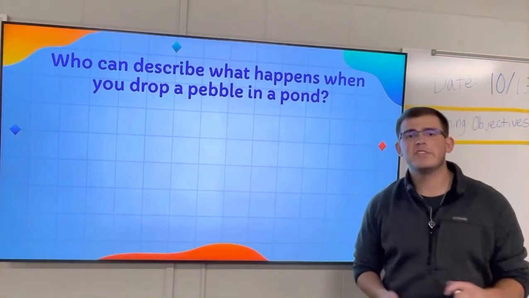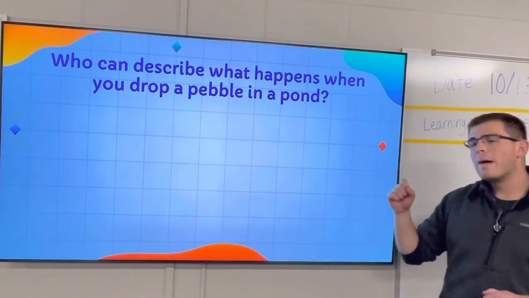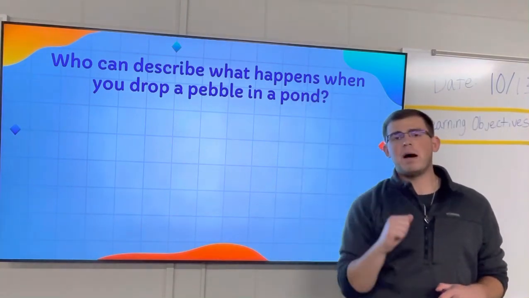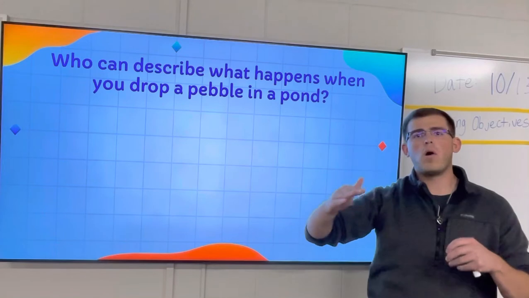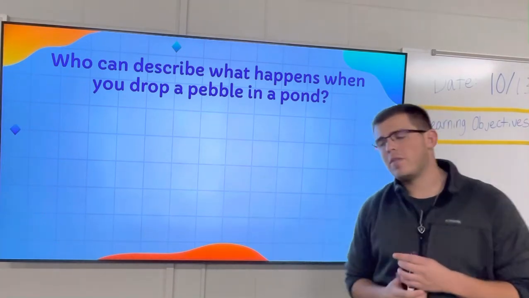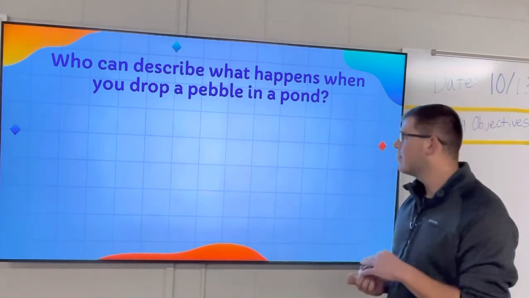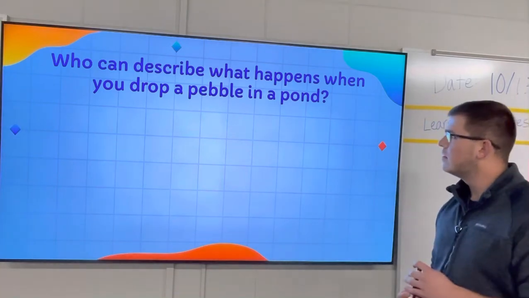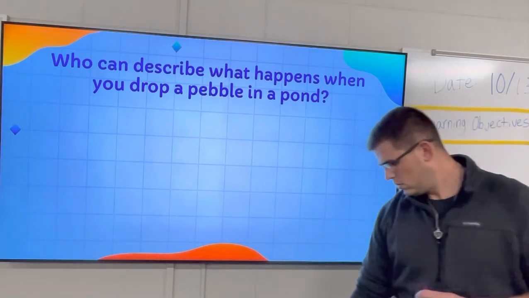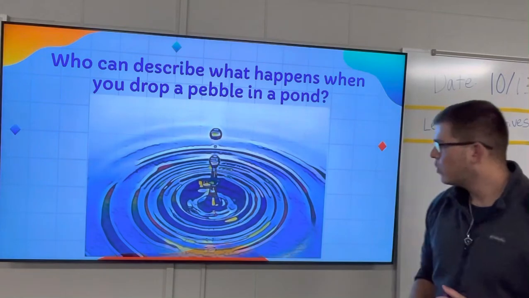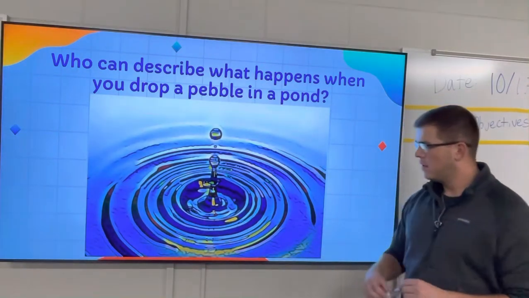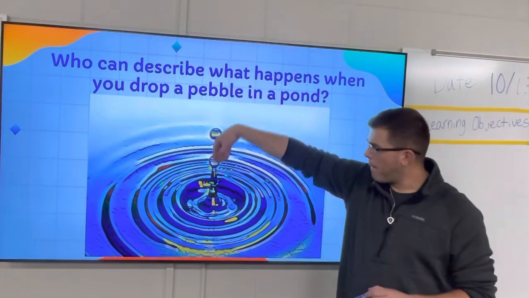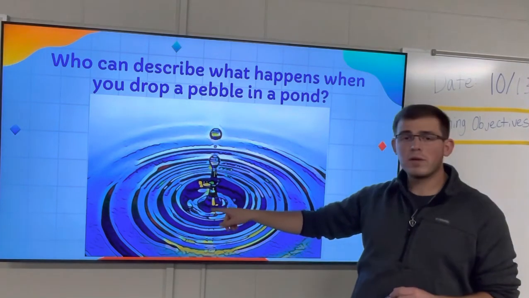So I want you to think to yourself, what happens when you just drop a pebble in a pond? What happens to the water? I want you to just think about that for 15 seconds. You're probably going to see something like this. Drop the pebble. This is where the pebble lands.